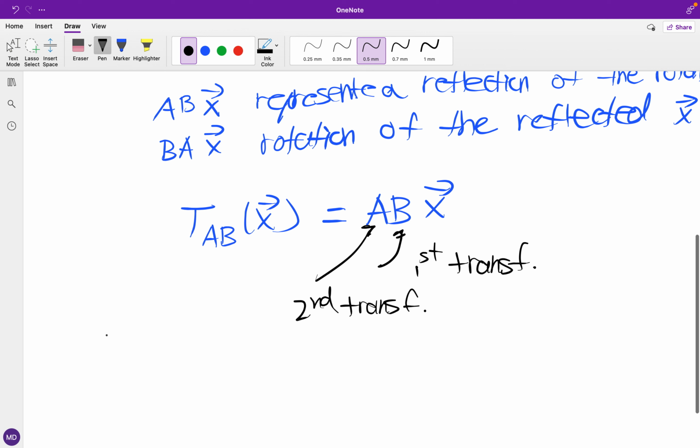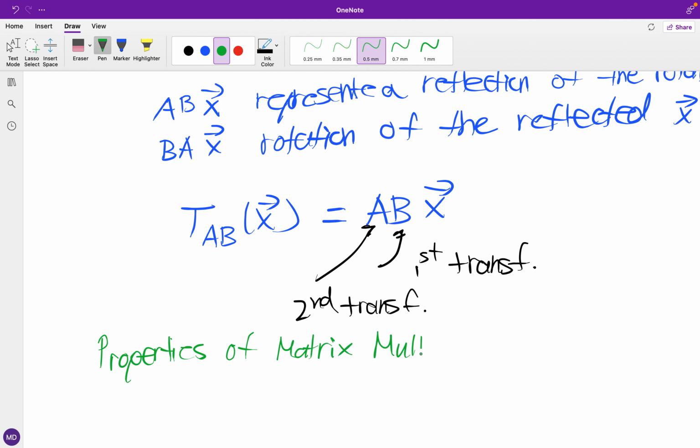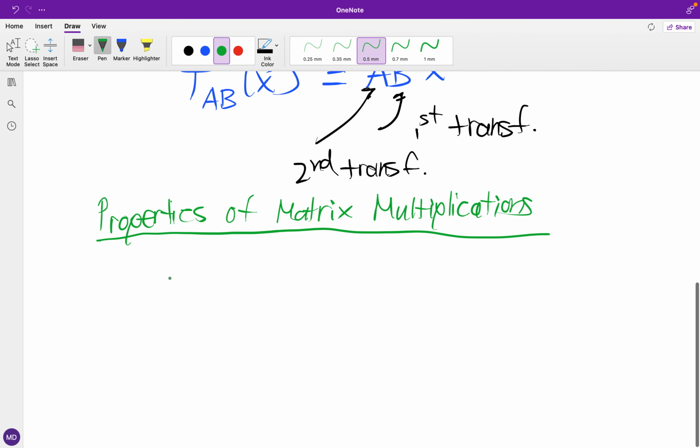Let's talk about some properties of matrix multiplication. There are actually quite a few properties. I'm just going to state a few really important ones that we might be able to use in a lot of our problems.